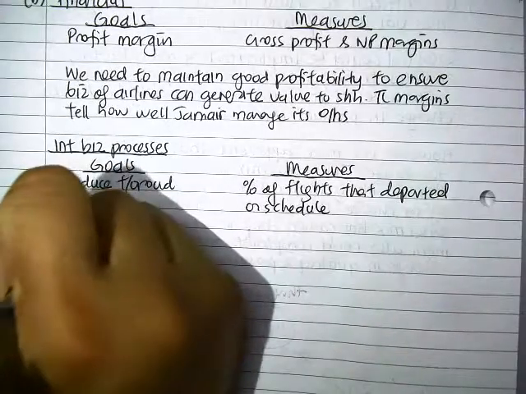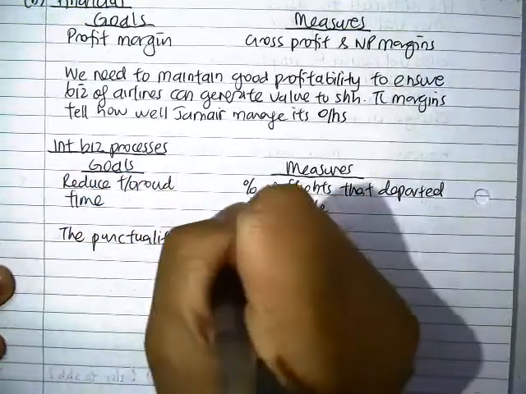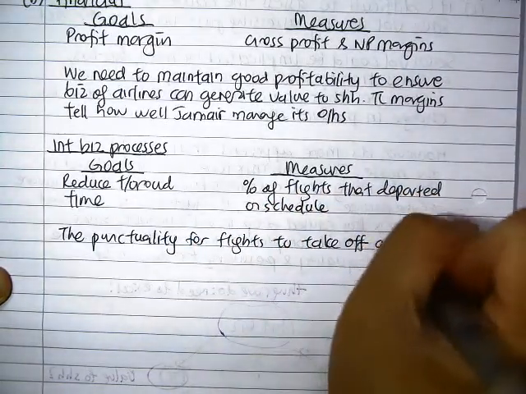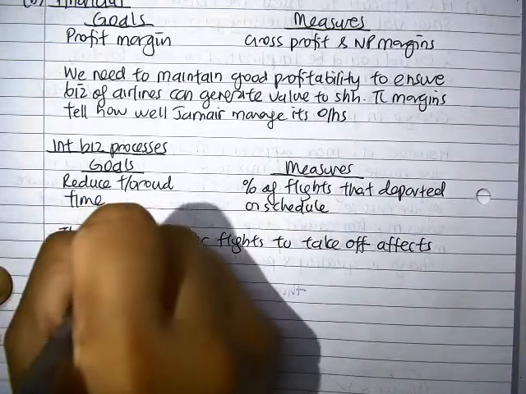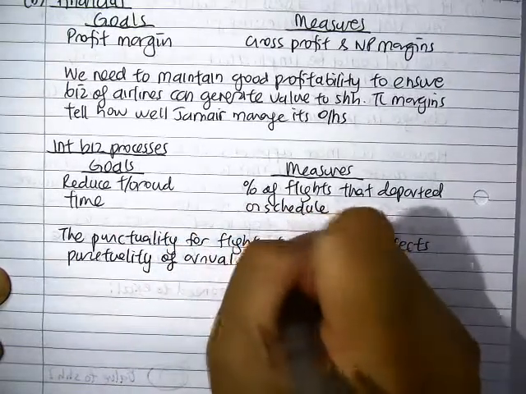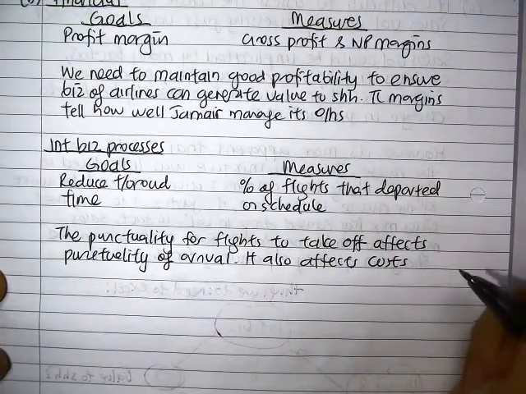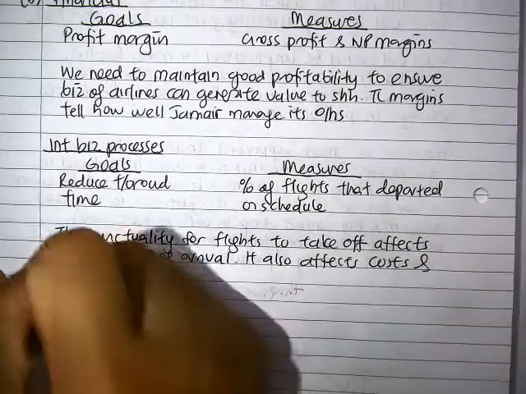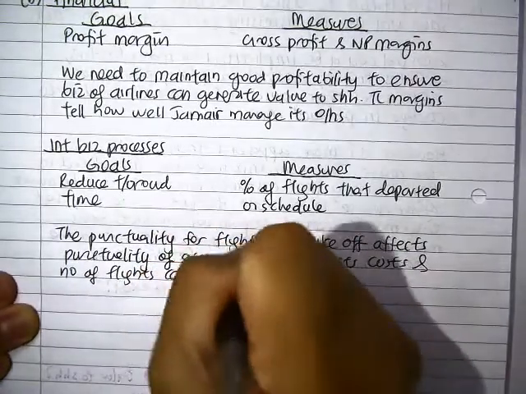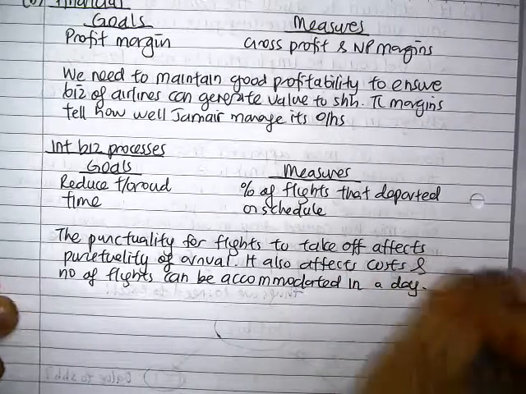Okay, now basically the punctuality for flights to take off affects the punctuality of arrival. It also affects the cost and the number of flights can be accommodated in a day.